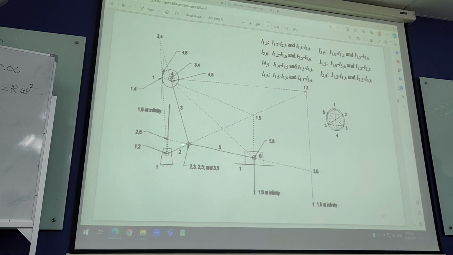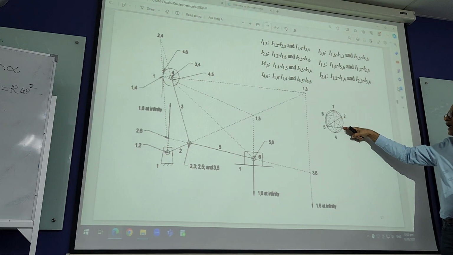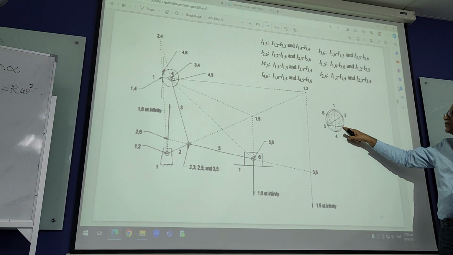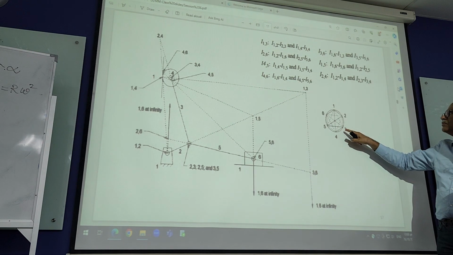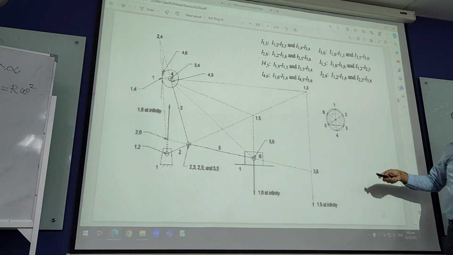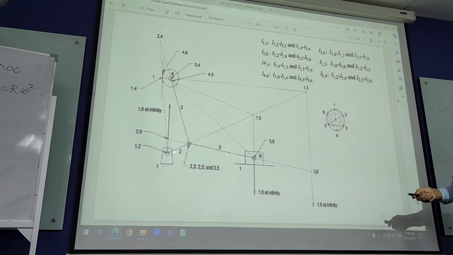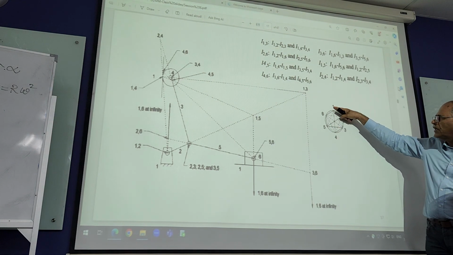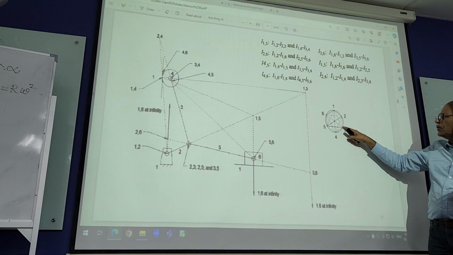So 2, 3 you have identified. So 1, 3 is common to 1, 2 and 2, 3. Okay, and this is also common to 1, 4 and 3, 4. So first you can draw on the line 1, 2, 2, 3. So you have 1, 4 also you're done. And 3, 4 you are done.